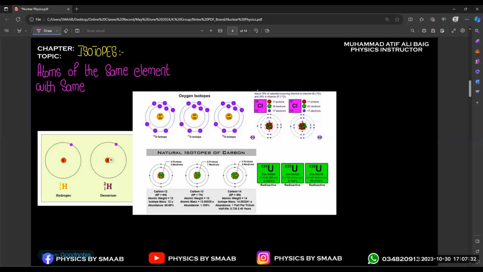With same proton number, or number of protons, plus different number of neutrons.